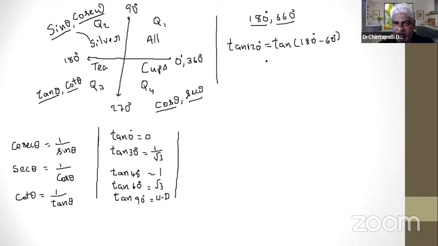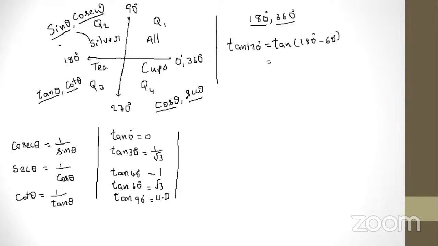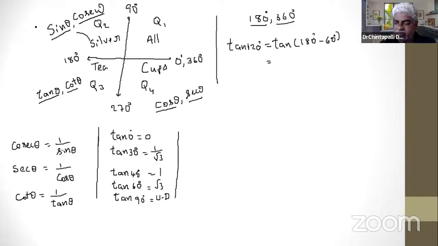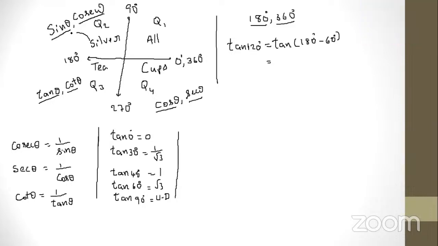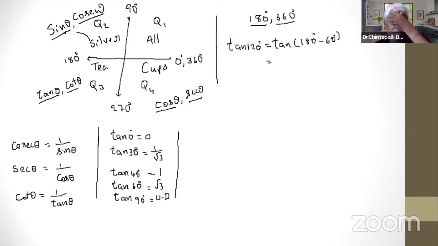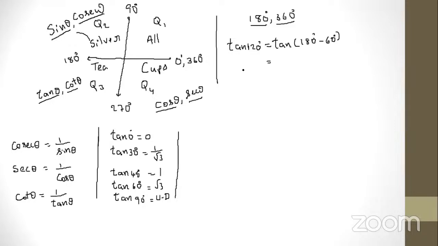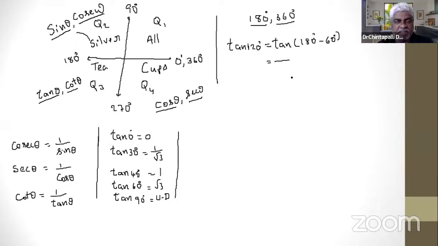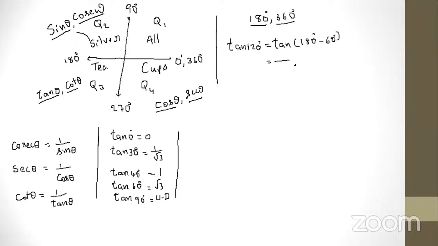Since 120 degrees belongs to the second quadrant, in which tan is negative, you know? Here tan is negative. Sin theta and cosec theta are positive, but it is tan, so it is negative. So write minus. Now just write tan 60 degrees.